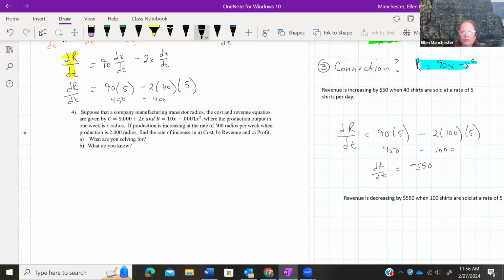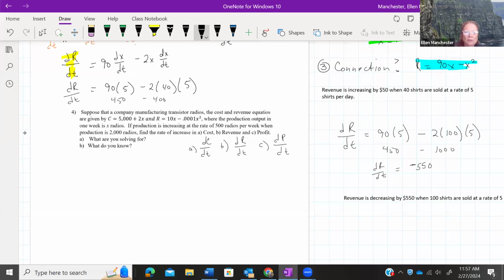We are looking for how the cost is changing based on time. That's A. B is we're looking for how the revenue is changing based on time. And C is how the profit is changing based on time.